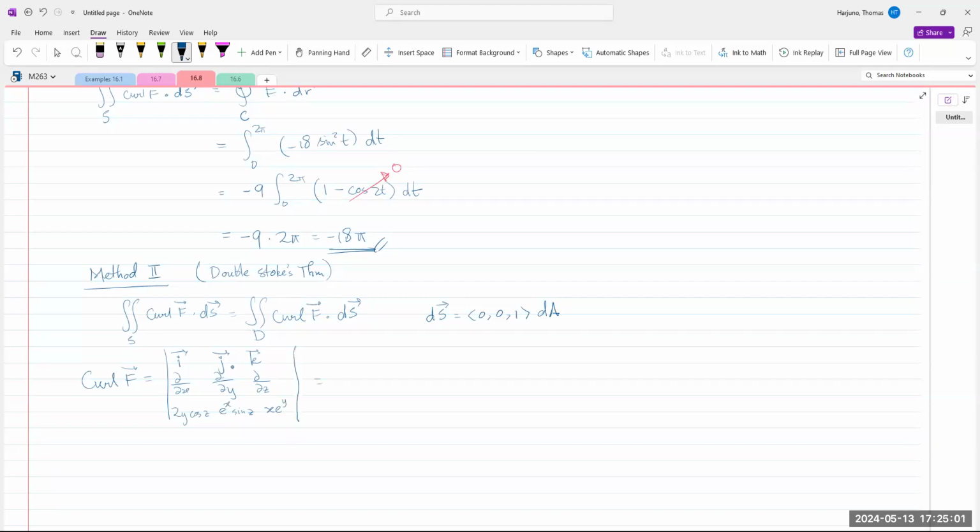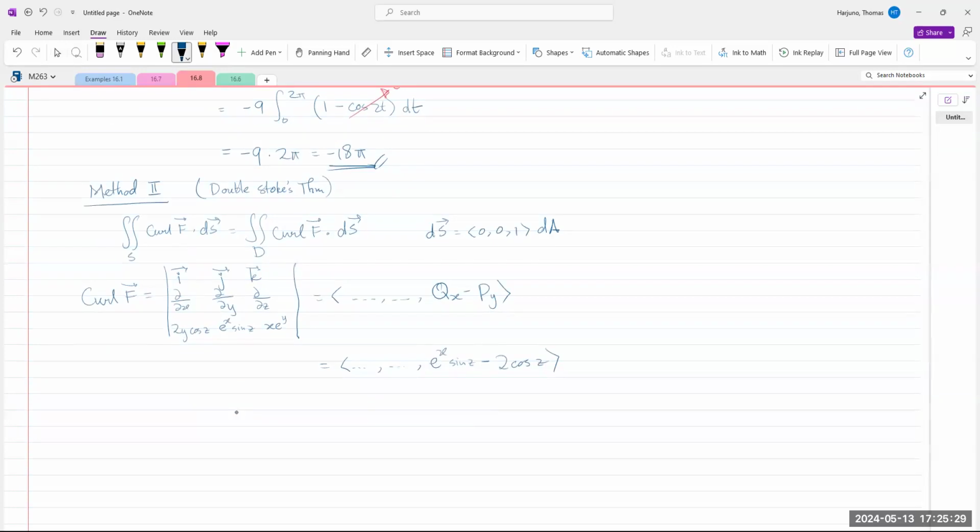Now, if you remember, the third component of the curl of F is Q sub x minus P sub y, right? Which is Q sub x is e to the x sine z minus P sub y, that's 2 cosine z. Is it okay?